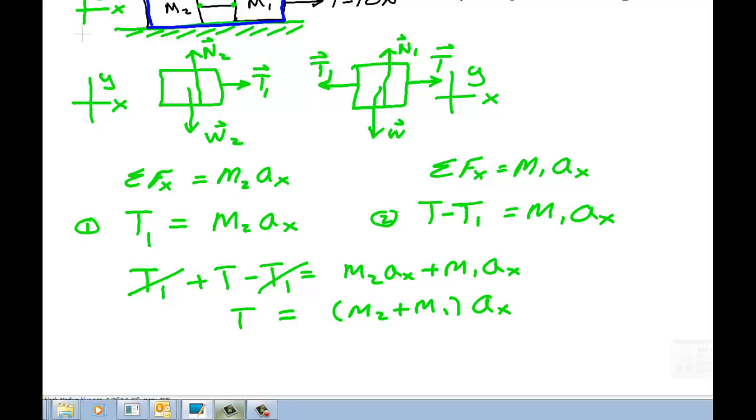But the only force outside the blue box is T, this force here. That force is inside. So what comes out is T. Had I broken it up and done the algebra, I get exactly the same equation.